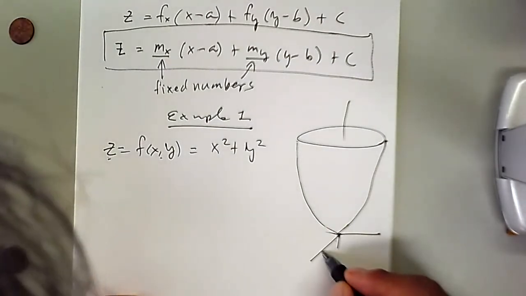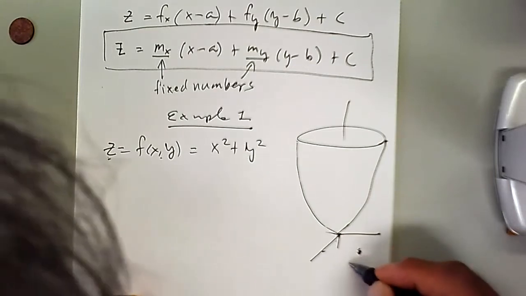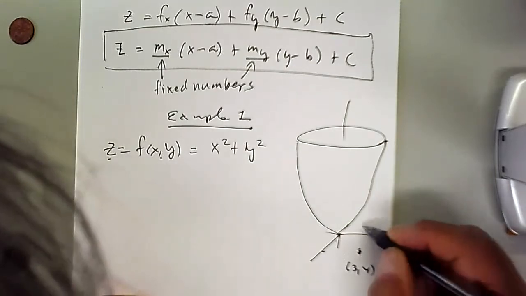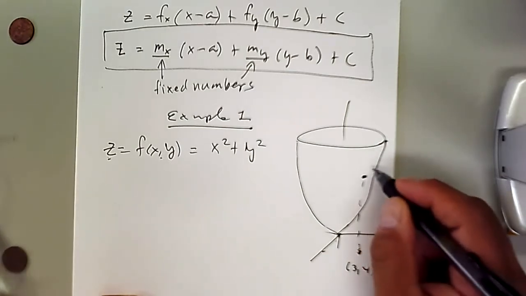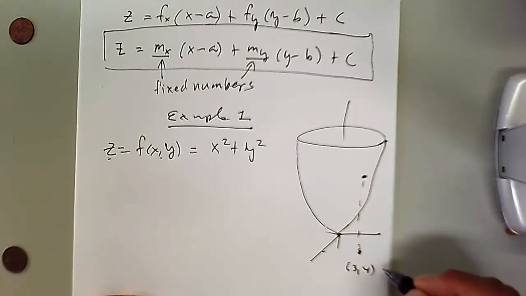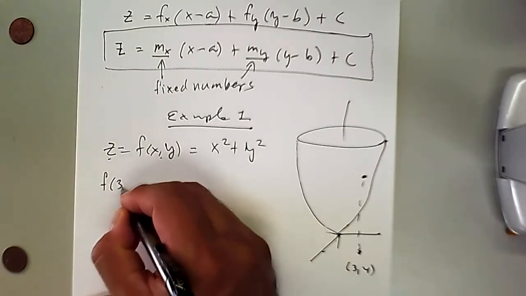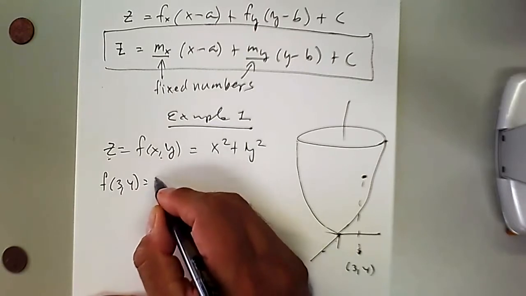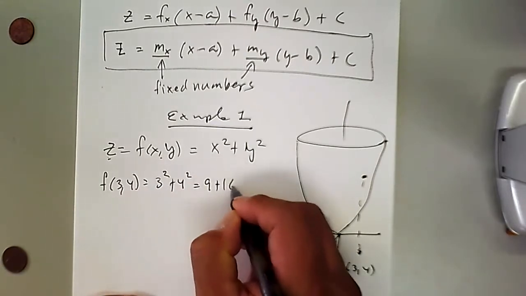So 1, 2, 3, and then 4. So that's the input, 3, 4, which corresponds to an output up here on the surface, which is going to be 3, 4, 25, because f of 3, 4 will be 3 squared plus 4 squared, which is equal to 9 plus 16 equals 25.